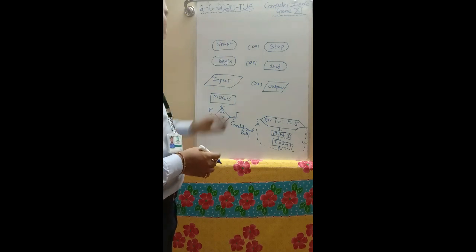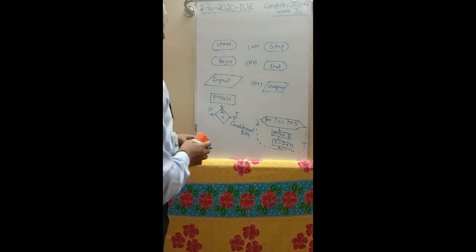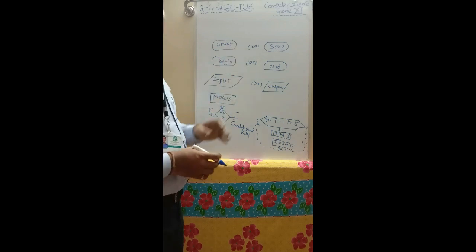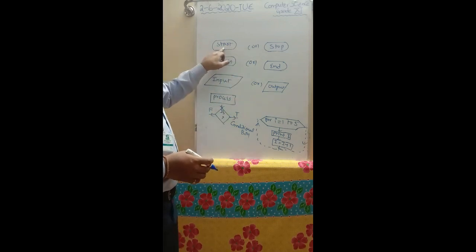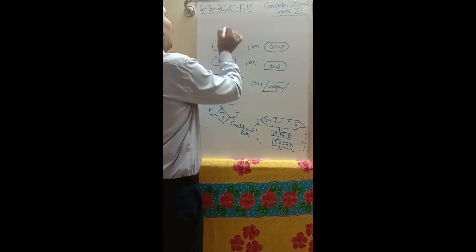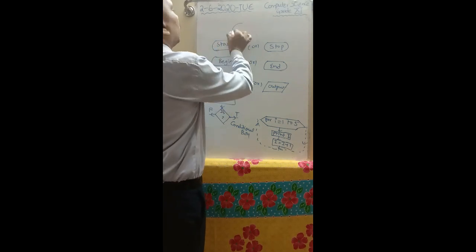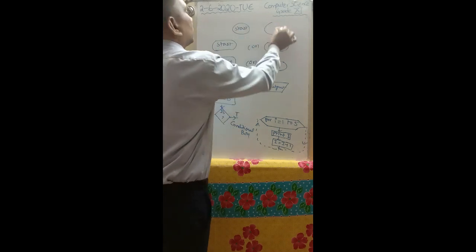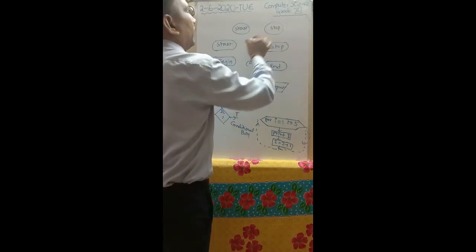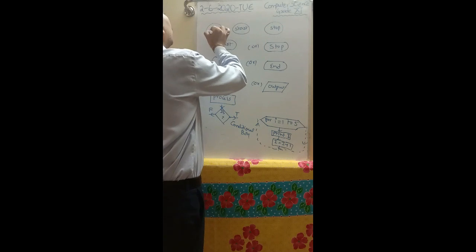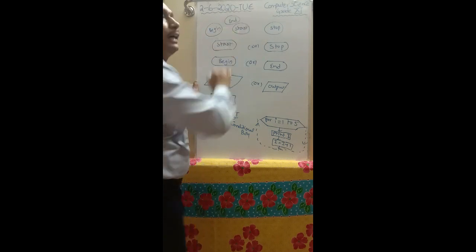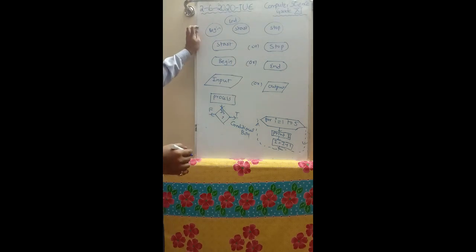So all these symbols are according to functionality. According to shape, this one is an elliptical shape. So these symbols can be placed in elliptical shape boxes. Start or stop, this one is also valid. Begin or end, this one is also valid. So elliptical shape boxes.